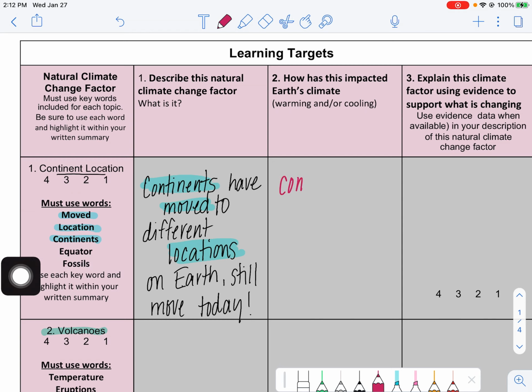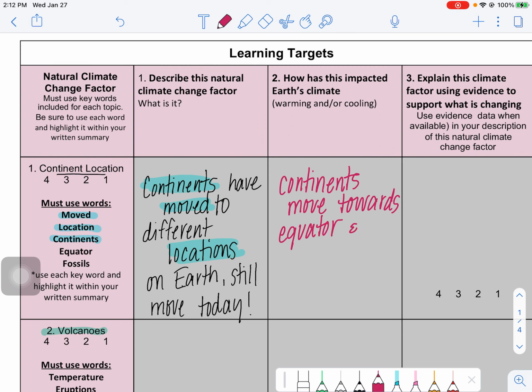So when we have continents move towards the equator, what's happening with their climate? Are they warming or cooling? You can fill that in.